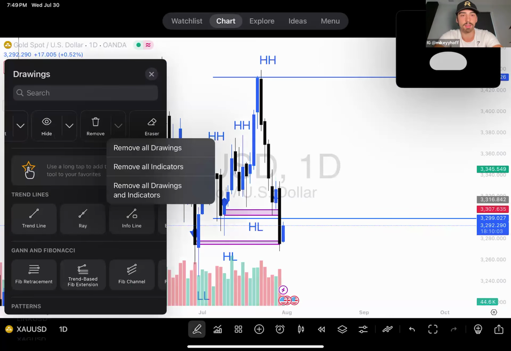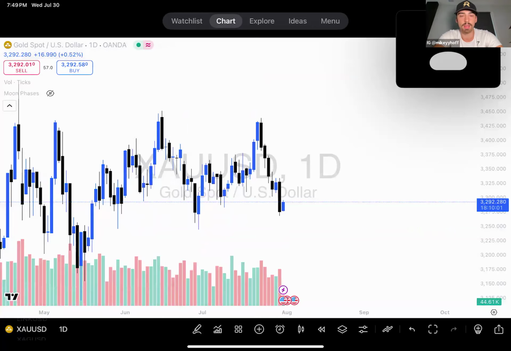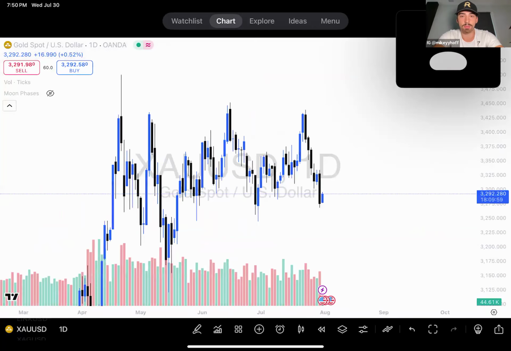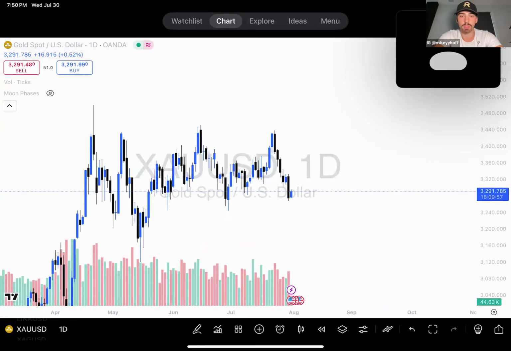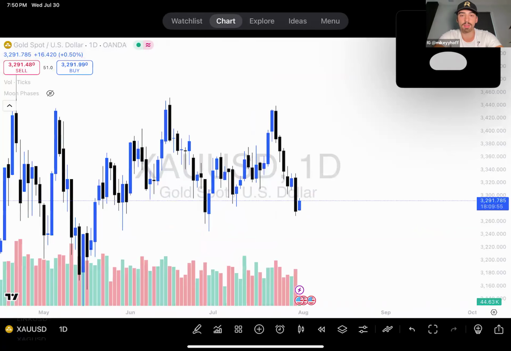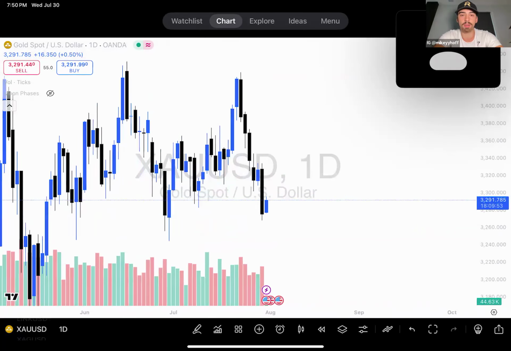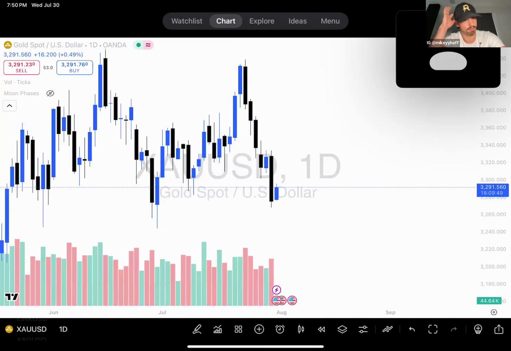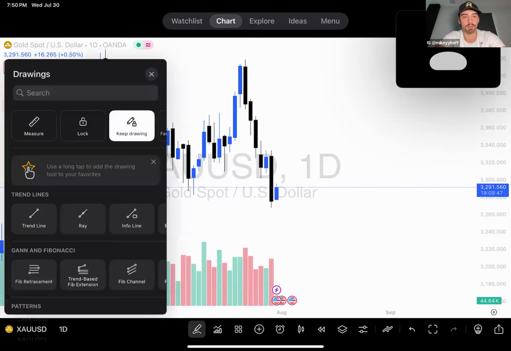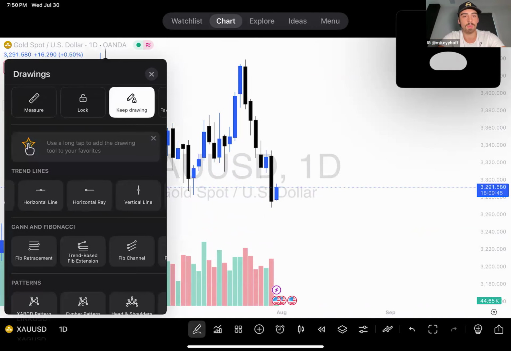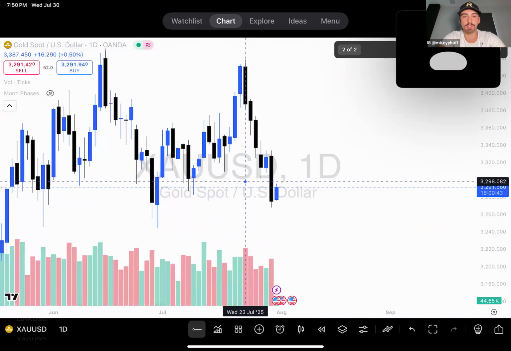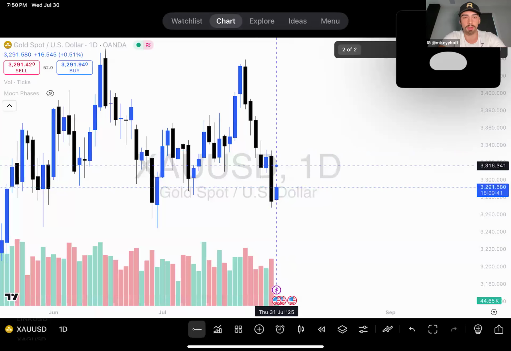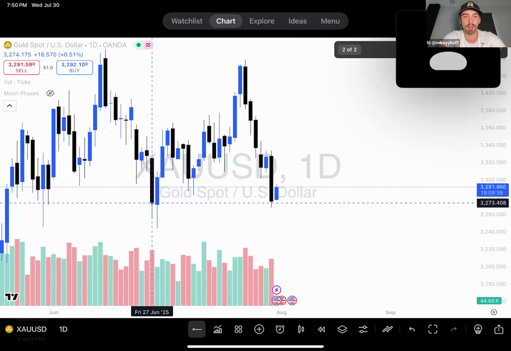This is from a couple days ago. Remove all drawings. So on the daily time frame chart, where is our closest high or daily low to current price? All right, we're going to mark that up here together. In this case, our closest daily low to gold at the moment is right here, right?